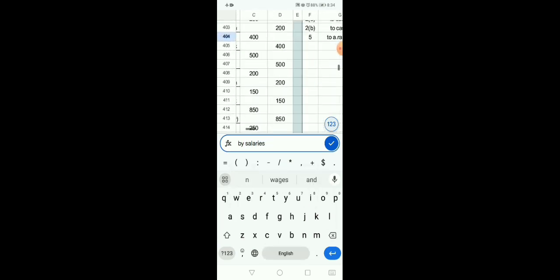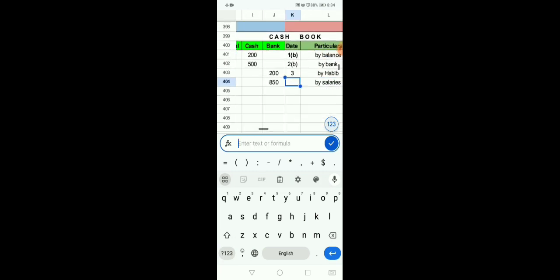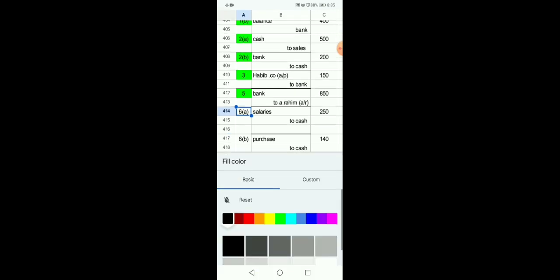So put salaries over here with the word by, and now see the date, which is 6A. 6A you are going to write in date column. 6A was having only one entry, that was cash, and cash is credited over here by 250. One element has been posted. 6A is completed, so mark it as it has been done.